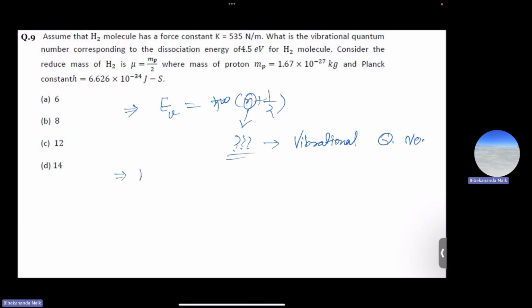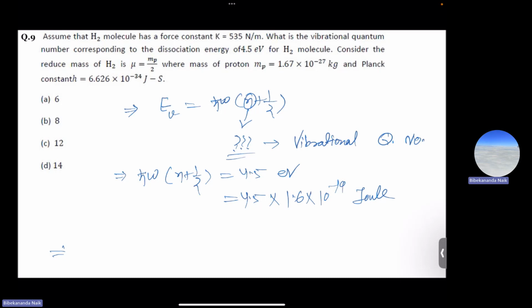So h cross omega into n plus half equals 4.5 electron volt, or 4.5 into 1.6 into 10 to the power minus 19 joule. Now, we don't know the value of omega, so here we need to find out the value of omega.